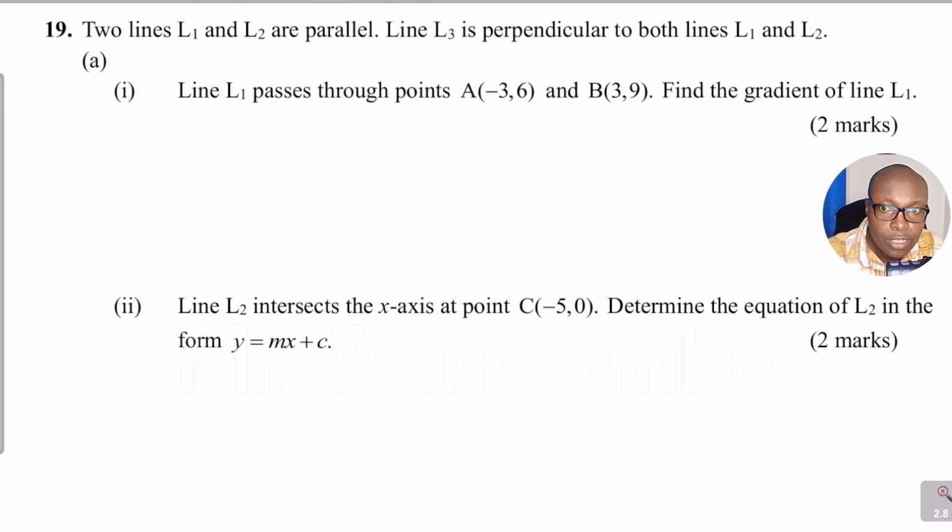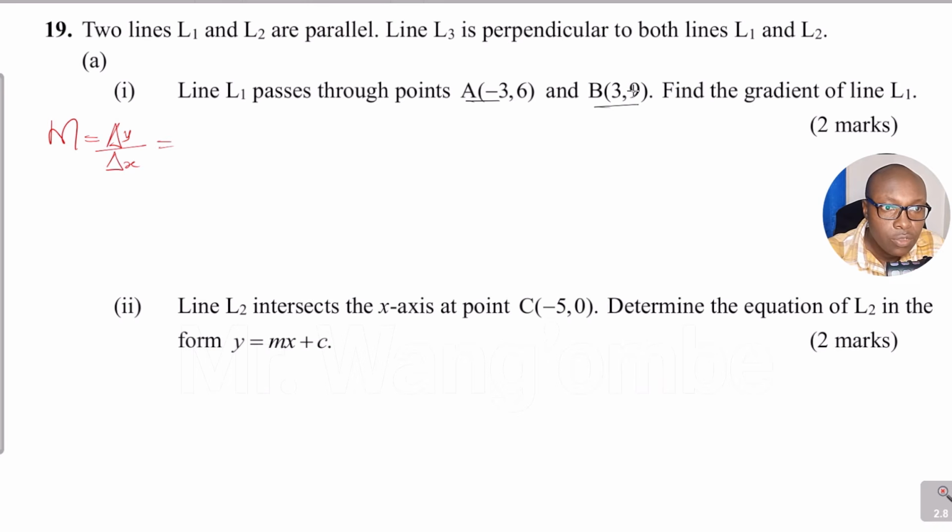So how do you get the gradient of a straight line given 2 points? Here you're given these 2 points of L1, and you need to get the gradient. So the gradient, denote gradient by M, is equivalent to the change in the y coordinate divided by the change in the x coordinate.